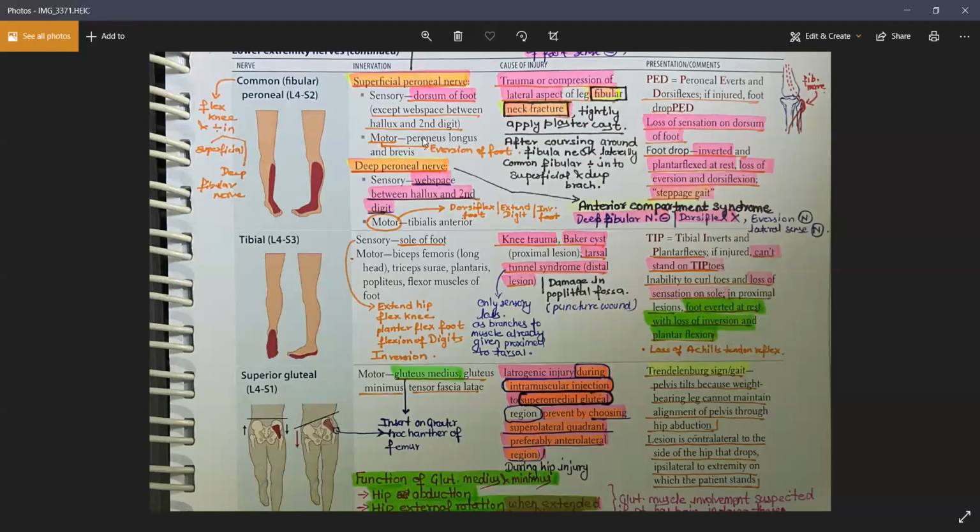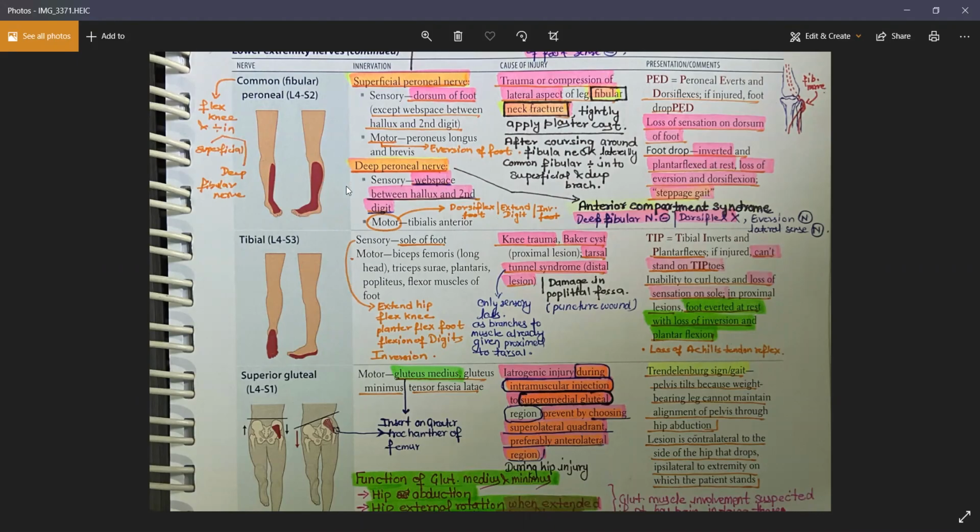You can forget the names of these muscles, but remember the function of this nerve. The motor function is eversion of the foot, very important. The sensory innervation is to the lateral side of the leg and the dorsum of the foot, and eversion of the foot is done by the superficial peroneal nerve.